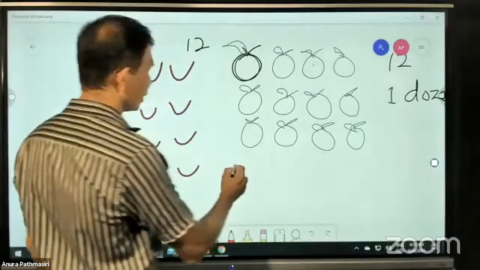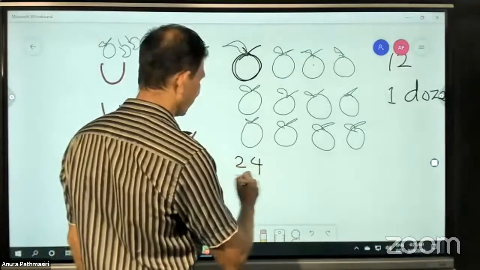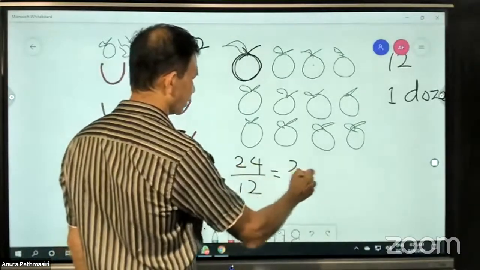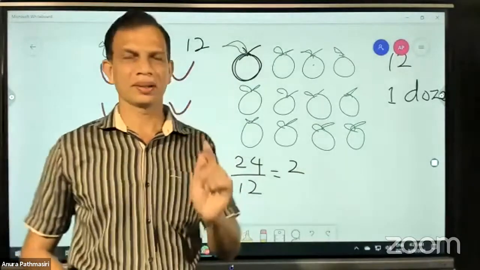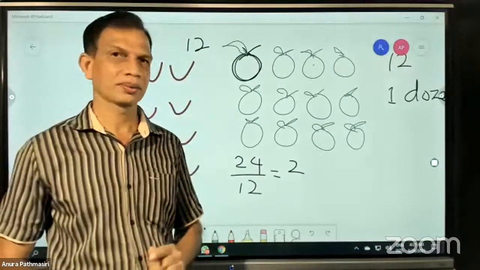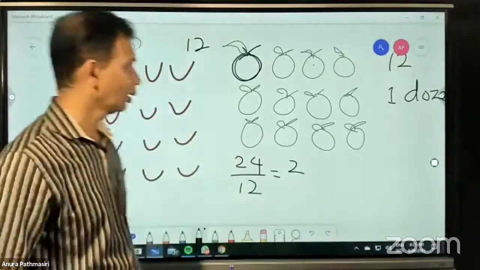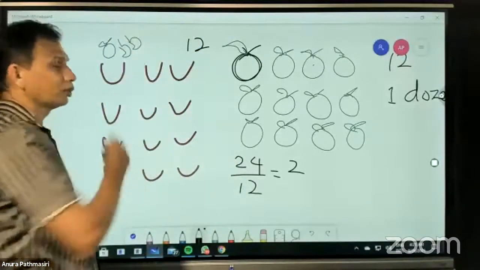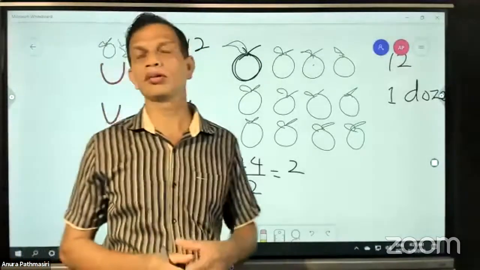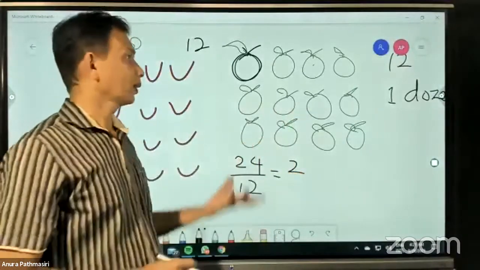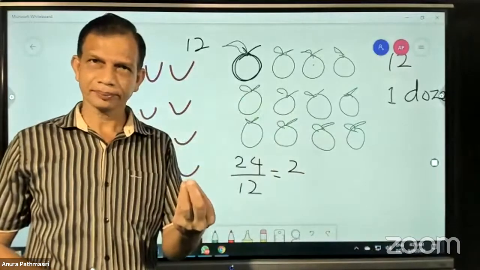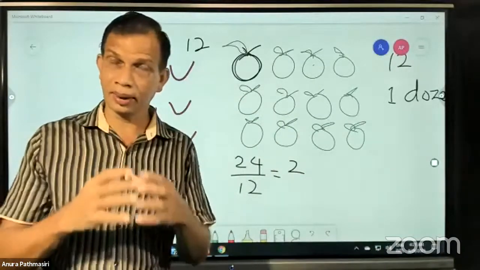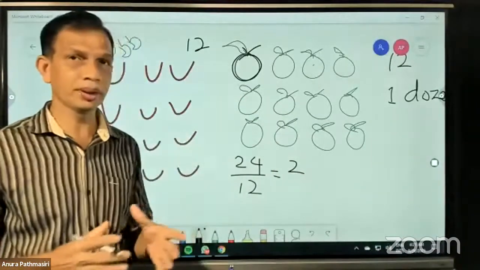If you have 24 and then divide by 12, you get 2 dozen. Understood? That is the point where you get confused. If you individually consider the number of mangoes, you got 24 pieces. And if you consider that amount in dozen, you got 2 dozens.